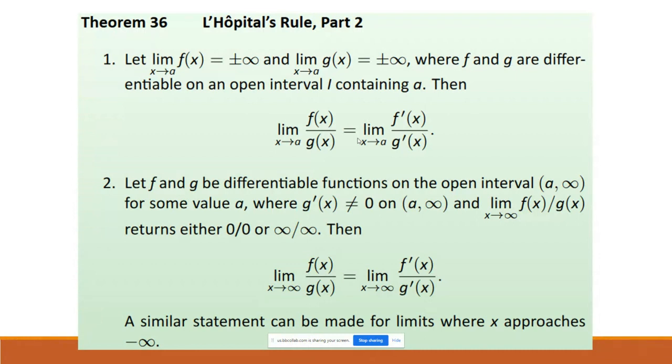The first part was x approaching a finite number. Now here we're saying x approaching infinity, and L'Hopital still applies. So this is just making the L'Hopital rule more general. We confirm different cases. Case 1, 0 divided by 0. Case 2, infinity divided by infinity. And this is when x approaches infinity, whichever case.